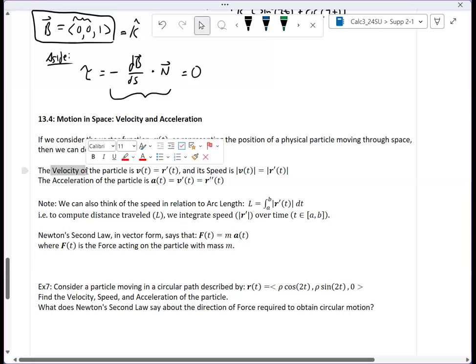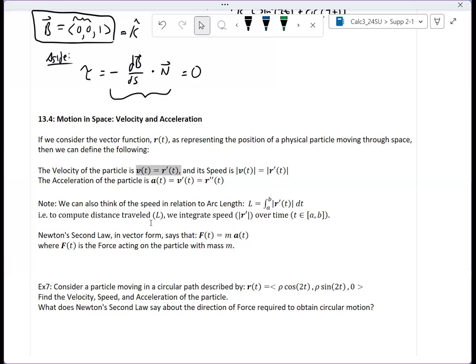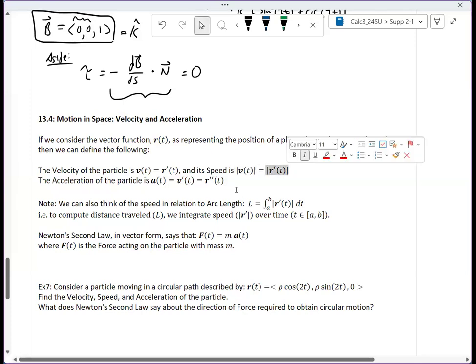We can define the velocity of the particle. v of t is r prime of t. It's the time rate of change of the position. Note that velocity is a vector quantity. It has both magnitude and direction. And we call the magnitude of velocity the speed of the particle. So speed is the magnitude of the velocity, or its length, length r prime.